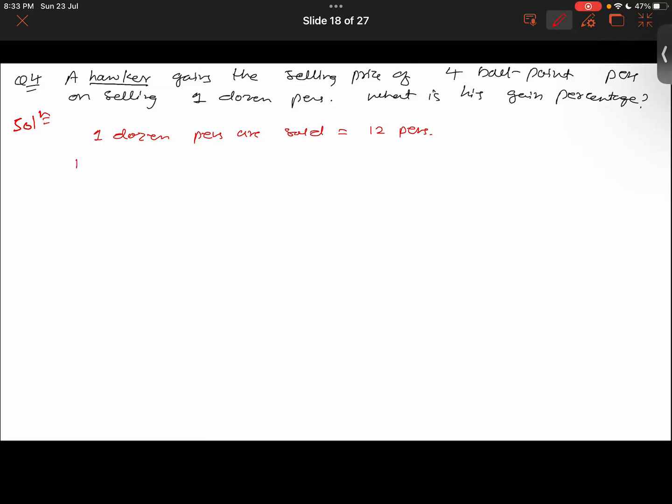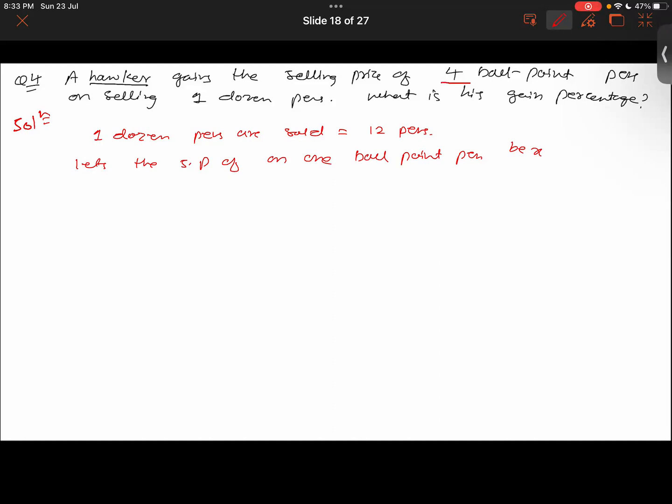So let the selling price of one ballpoint pen be x. We have assumed the selling price of one ballpoint as x. So then the profit will be how much?